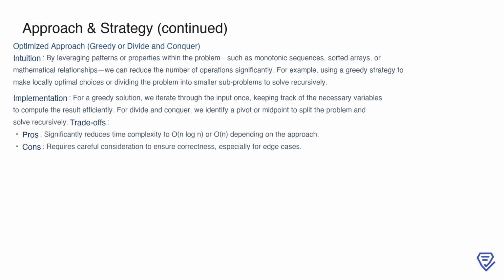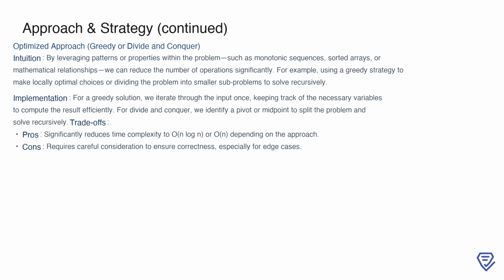Alternatively, divide and conquer involves breaking the problem into smaller subproblems, solving them independently, and combining their results. These implementations significantly reduce the number of operations, often improving the time complexity to n log n, or even n. However, these methods require careful design to ensure correctness, particularly in edge cases, as improper handling could lead to errors in the solution.